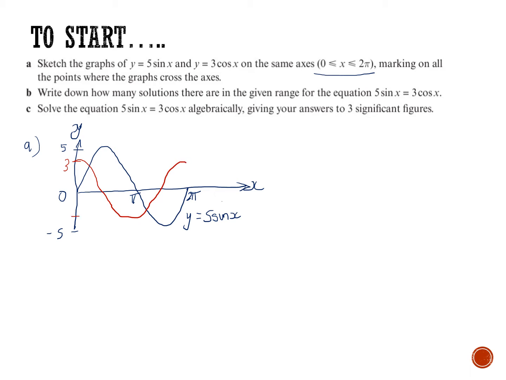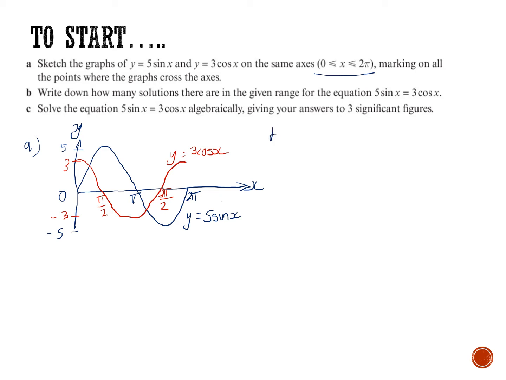So just make sure that its amplitude or its height is lower than the 5 sine x because it is 3 cos x. Okay, so make sure they're nice and clear, label which is which. We've also got to label where it goes through on the x-axis. If you're not sure, use your calculator. That's pi by 2 and then that's 3 pi by 2 there. So nice and clear.